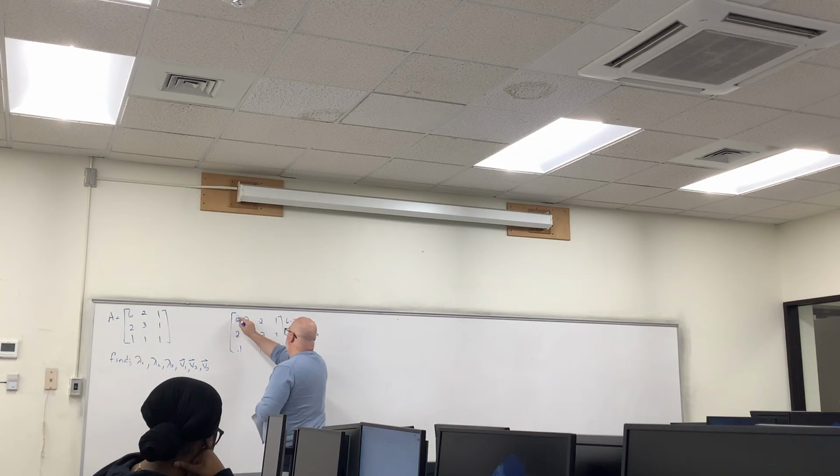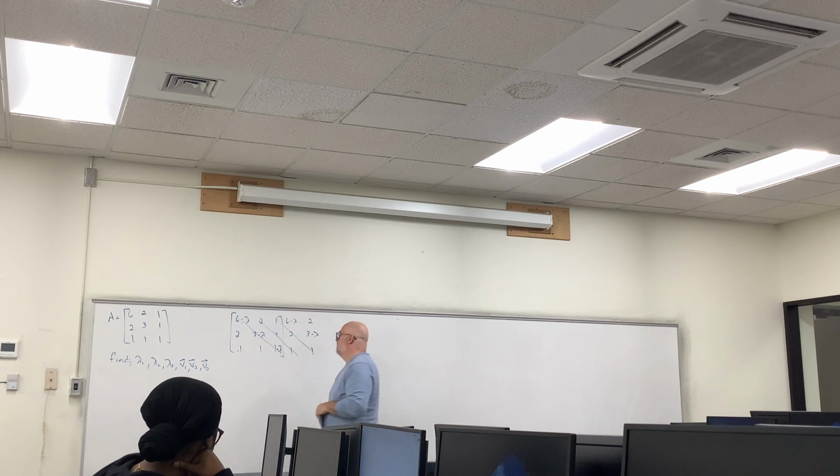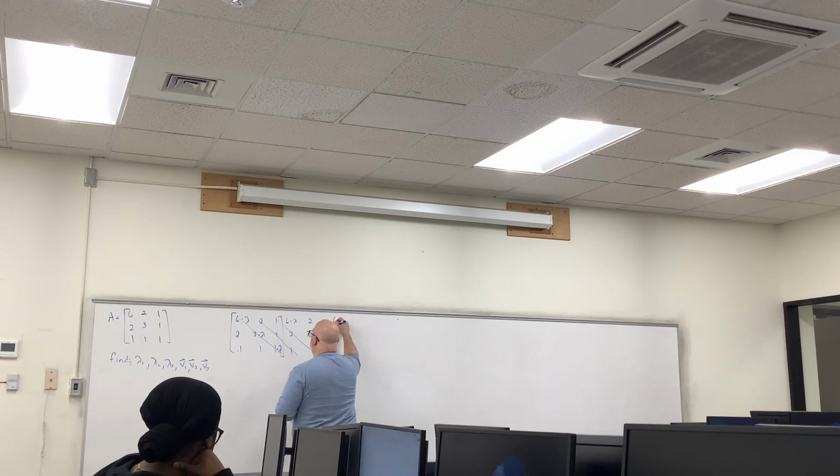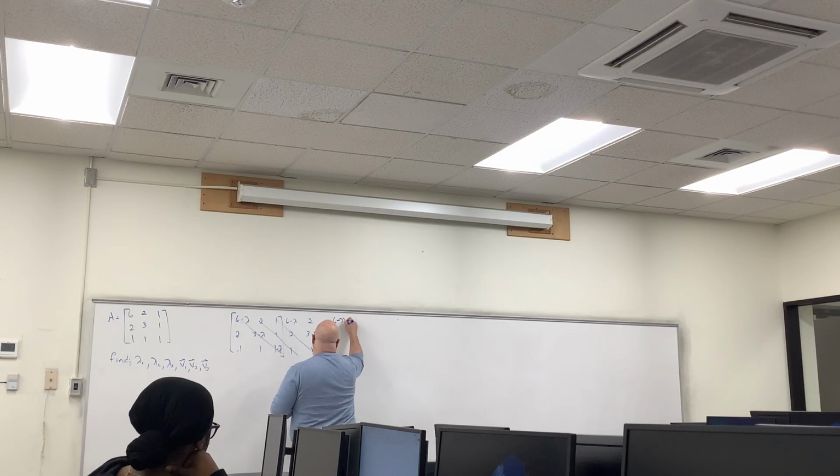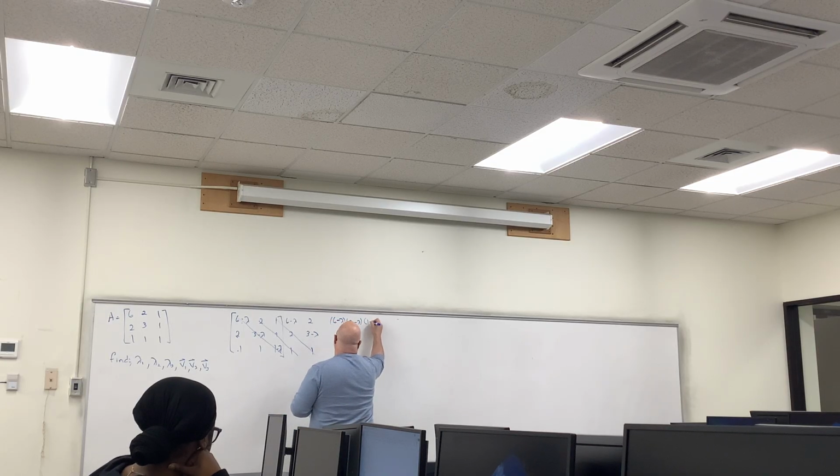So then I go diagonal, diagonal, diagonal. It allows you to see it a little easier. And so that gives us 6 minus lambda, 3 minus lambda, 1 minus lambda, 2, 2.